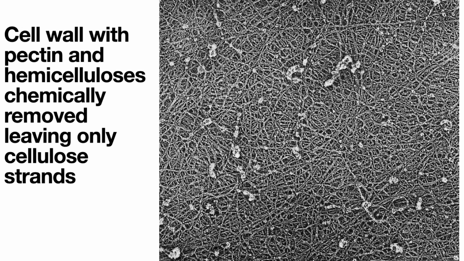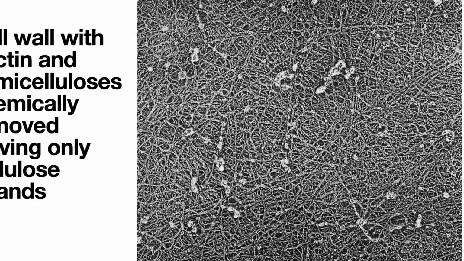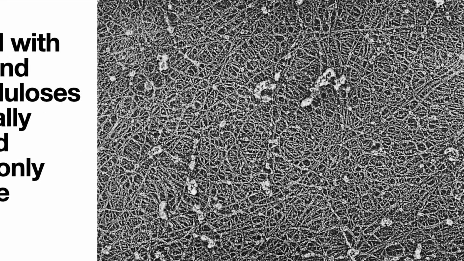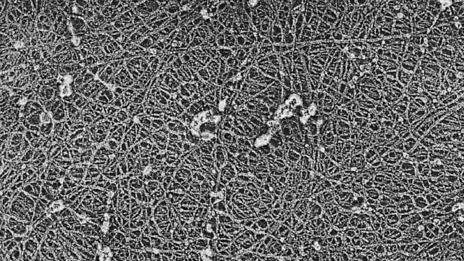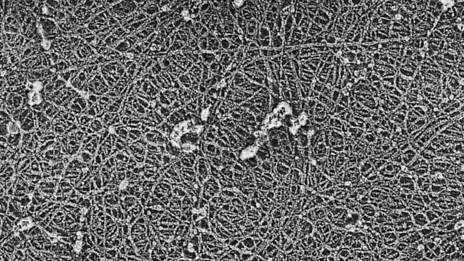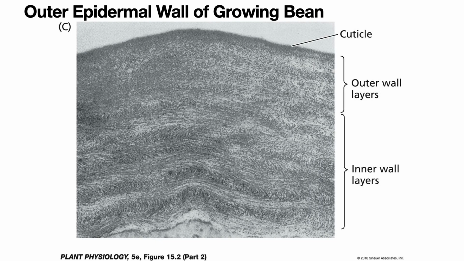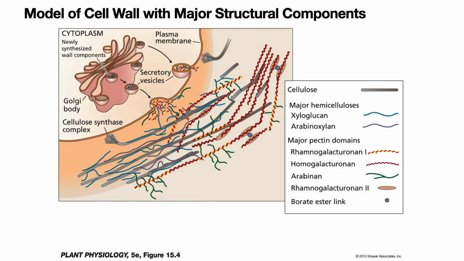If we zoom in, we can see that there are fine strands of cellulose entwined and enmeshed throughout the wall. This is a transverse view of the wall. If we look through a cross-section of the wall, we can see the layers of the cell wall. In this view, we can see at least 8 or more layers. In this figure, we can see a model of how the cell wall synthesis is dependent upon several processes.